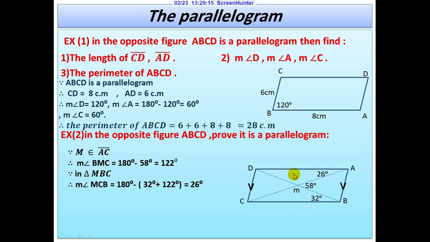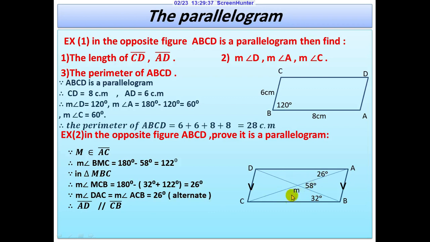So we deduce that AD must be parallel with BC. How to write it? In this way. We can write, since the measure of angle DAC equals the measure of angle ACB equal 26 degrees, alternate angles, therefore AD is parallel with CB.